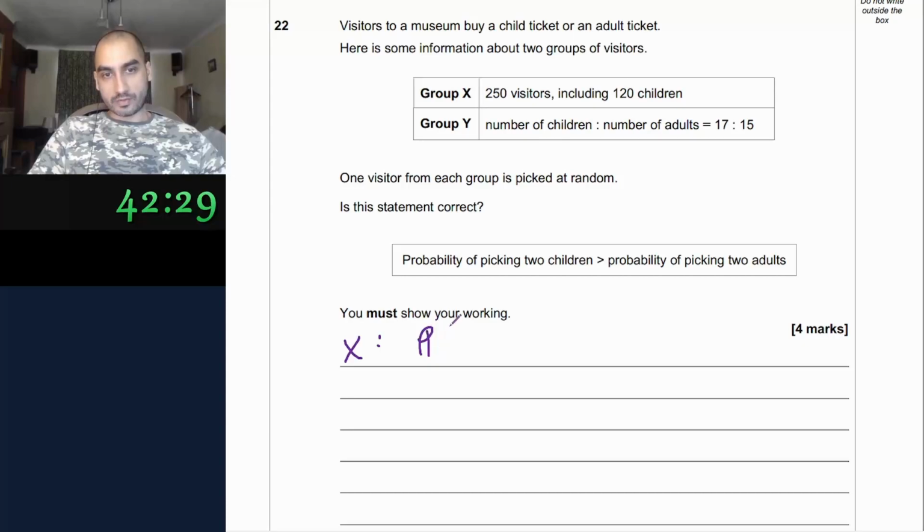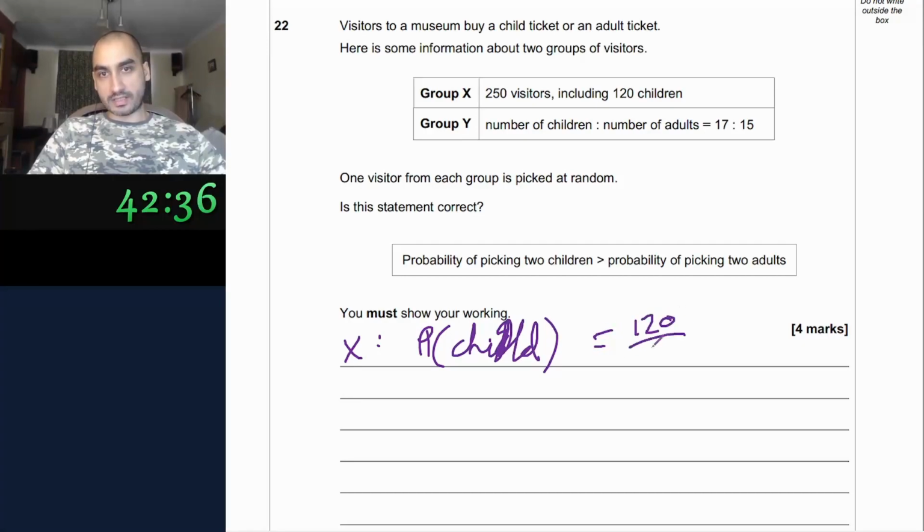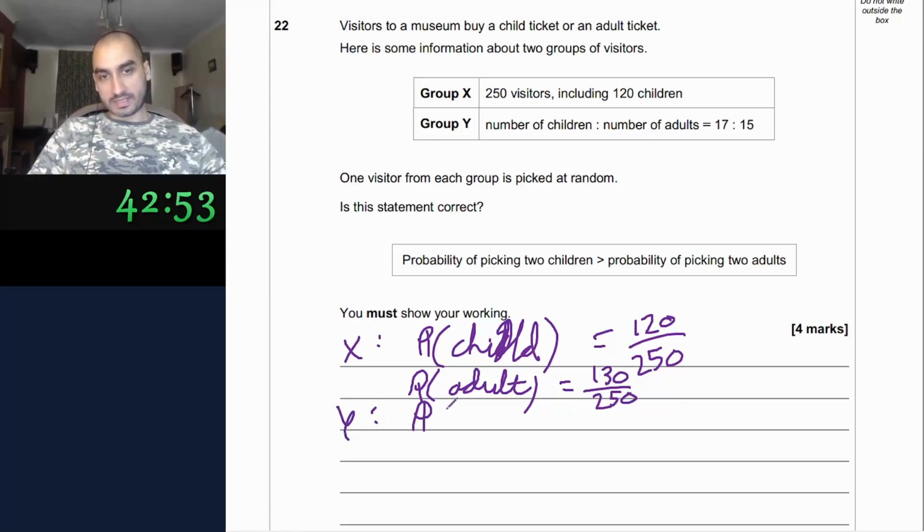X, probability of child equals 120 out of 250. Probability of adult equals 130 out of 250. Y, probability of child equals 17 out of 32.